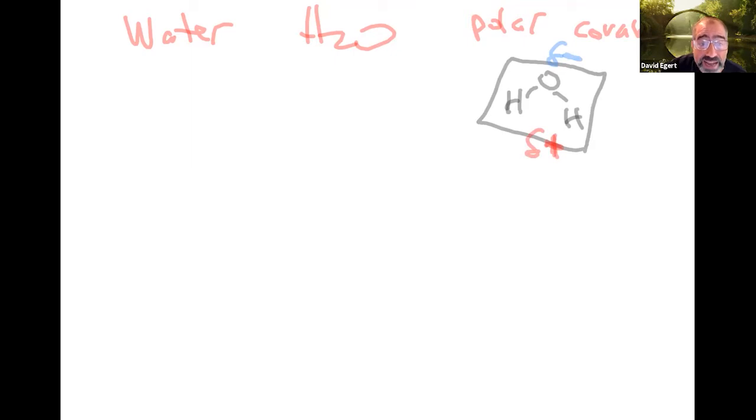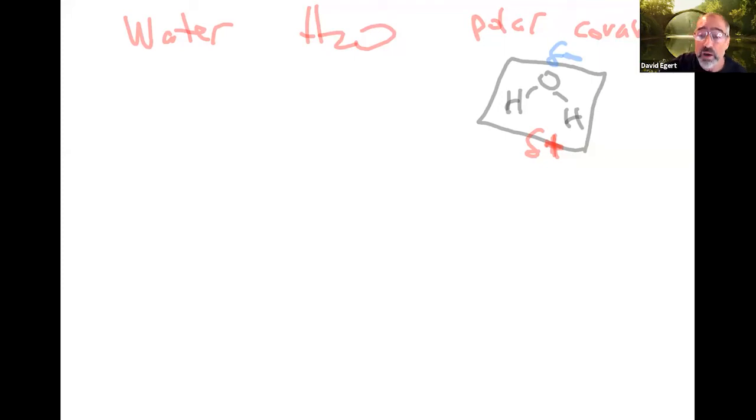And then if I take a bunch of water molecules and I put them together, in fact, everybody has seen what happens if you put water in a glass. Do the water molecules just explode and go off everywhere, or do they sit together in a puddle? They sit together.